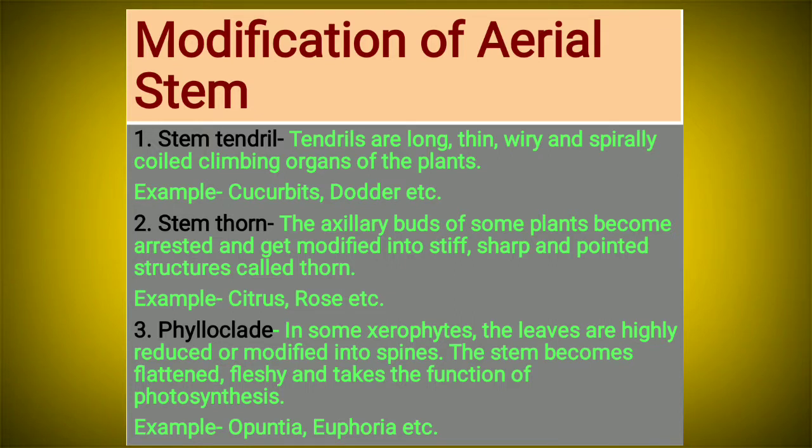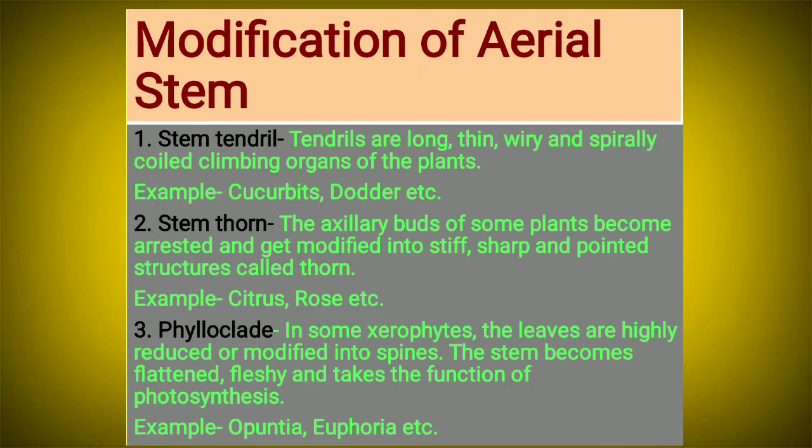And the stem takes the function of photosynthesis, as well as it stores water and the food material. And such type of swollen stems are called as phylloclades.